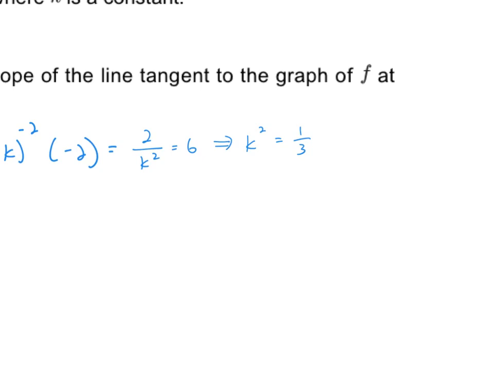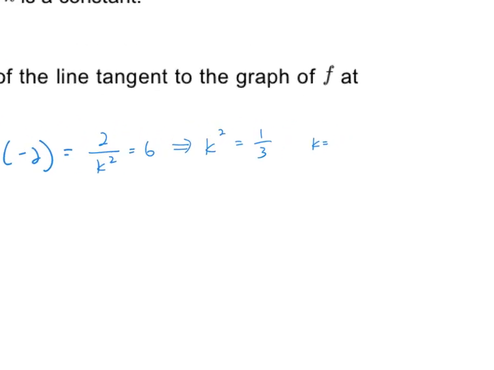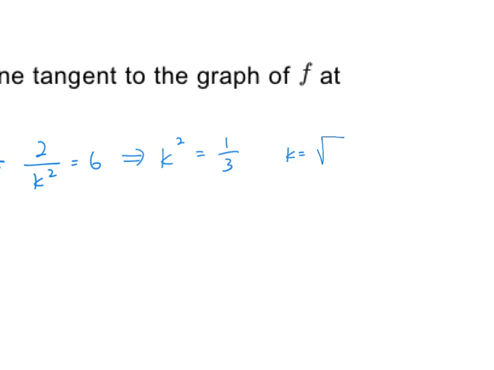So k technically equals plus or minus square root of 1/3, but they say k is positive. So k just equals square root of 1/3. Yeah. Okay, and then you could write it as square root of 3 over 3. Same thing.